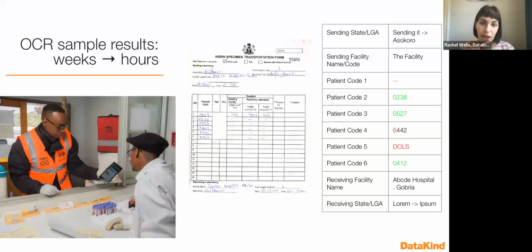So DataKind partnered with Riders for Health, an international NGO providing essential frontline services, in completing paper-based data capture for Ministry of Health forms. And it was able to take about 80 days' worth of previous efforts to go from writing down the data record to digitalizing it and analyzing it, to allow that to happen in just minutes with an optical character recognition tool.